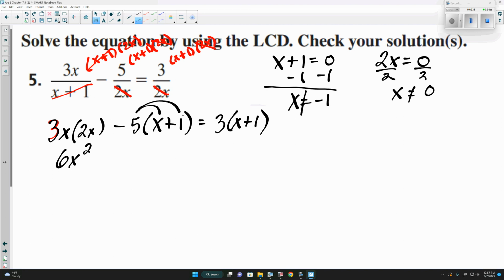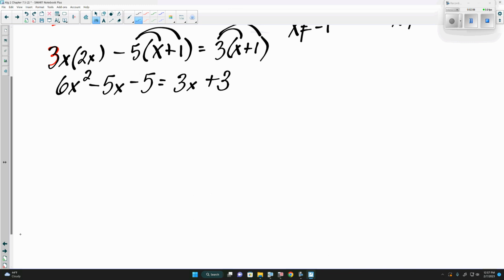Now we can distribute the negative 5. Negative 5 times x is negative 5x. Negative 5 times 1 is negative 5. Is equal to, here we can distribute the 3. 3 times x is 3x, and 3 times 1 is plus 3. Any questions on this here so far?